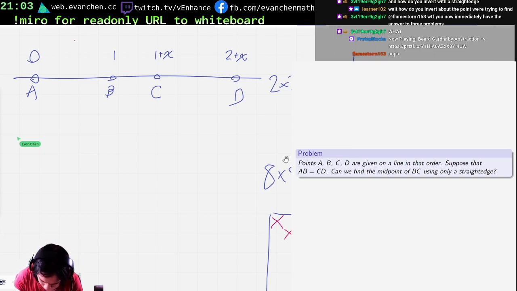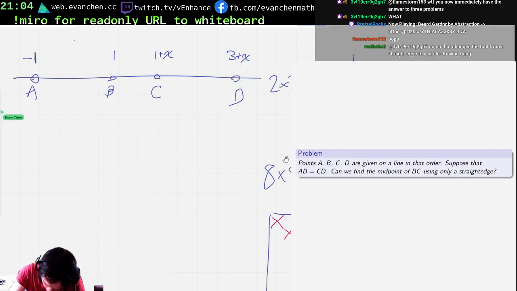Whatever. If I just start randomly constructing harmonic conjugates, is anything magical gonna happen? Let's randomly construct harmonic conjugates. I'm gonna change the notation again, sorry. This is -1 now. This is 3 plus x. So for example, 1 over 1 plus x is a point that you can construct using harmonic technology.